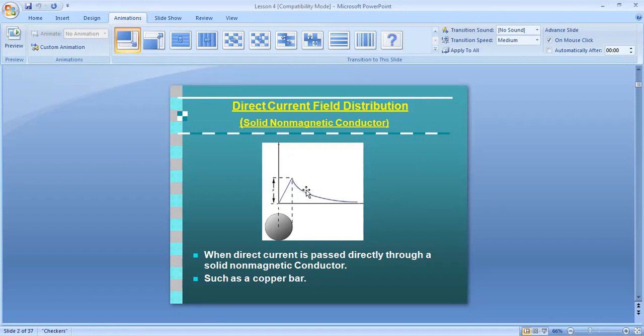Why does the field reduce outside the conductor? Here is the maximum field, and as you move away, the field reduces. Why does it happen? Why is the field not constant? Because there is a medium, but the permeability of that medium is very low.